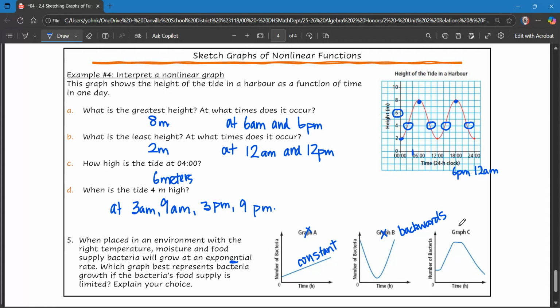If you look at graph letter C, you're starting out with so much bacteria in the beginning, and then it grows really fast. The bacteria stay at about the same rate, and then the bacteria slowly start to die. It does say that your food supply is limited, so that means at some point there's not going to be any more bacteria left. That's graph C.